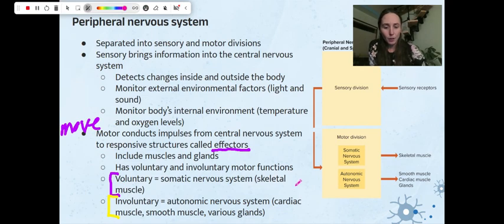That cardiac word, we've seen that before, right? That means our heart. Also our digestive muscles, our smooth muscles. There are various glands that need to move and release things in our body. So anything that you don't have to actively think about is also part of that motor system, just the involuntary section of it.